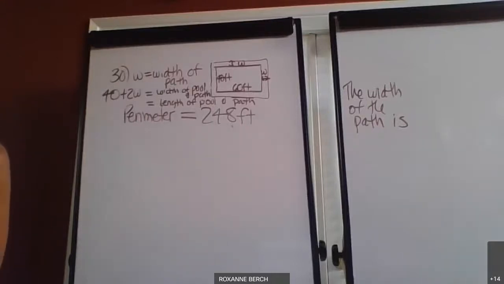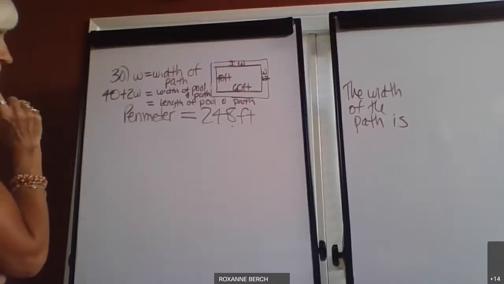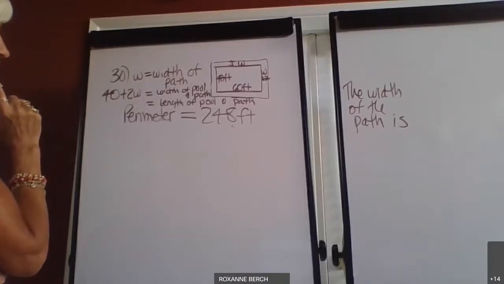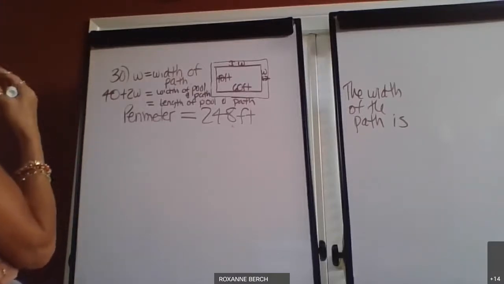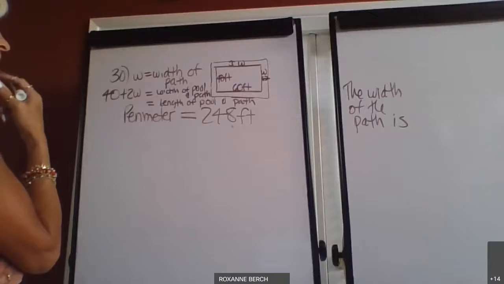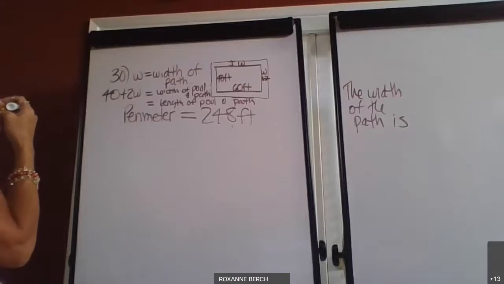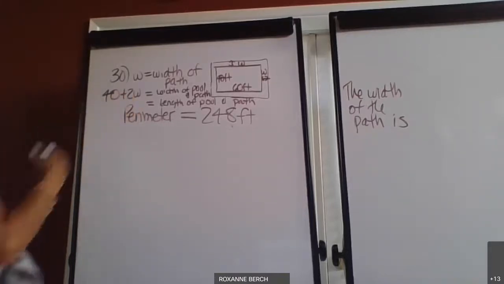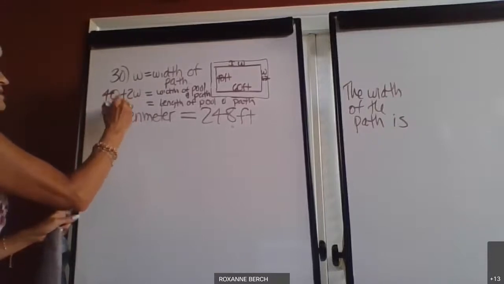Does that make sense or no? The width of the pool and the path, the width of the pool plus 2W. Okay, here's the question. Why is it 2W? And the length would be 60 plus 2W.